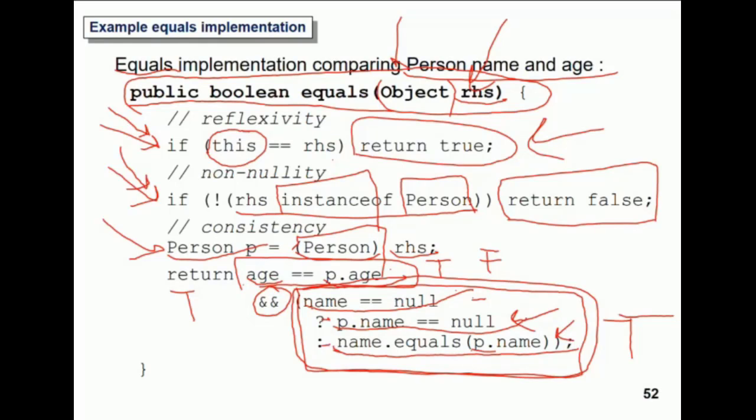If you've got more parameters, it's up to you to decide what it means for two objects to be the same. So for a person object, obviously the age and the name need to be the same. If you're checking equality at the student level, then you need to check all the other parameters as well. So you need to say age is equal to age, and name is equal to null, and you check the stage and any other parameters as well. All of them need to be checked.